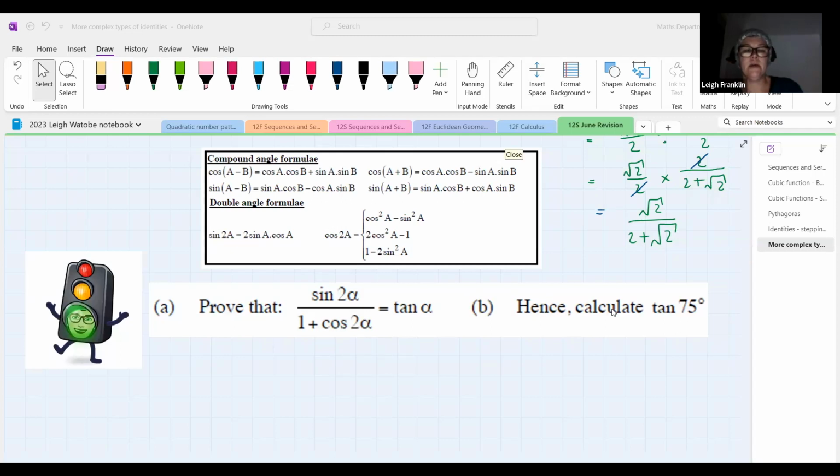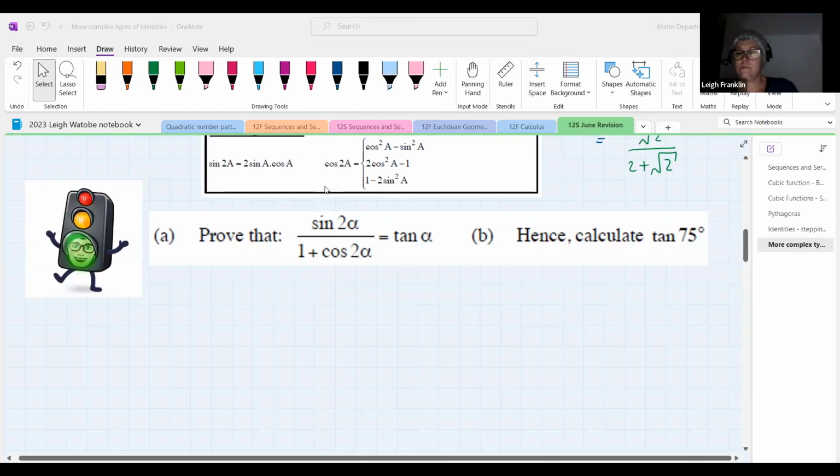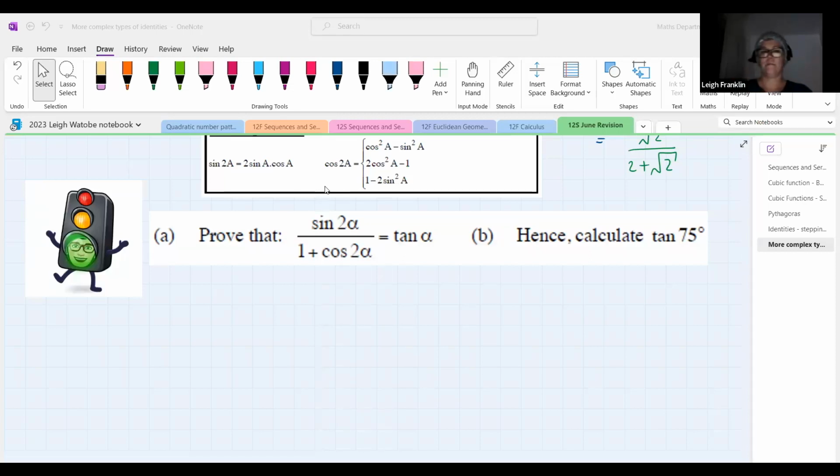This is a little bit easier. Cool. Good, C. Well done.